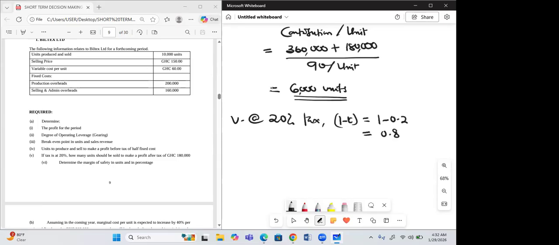So the number of units to sell to make a profit after tax of 180,000.